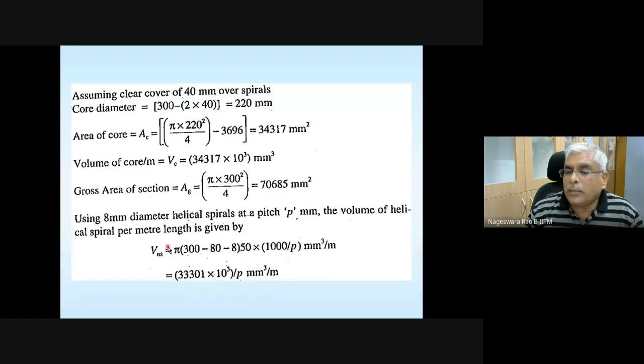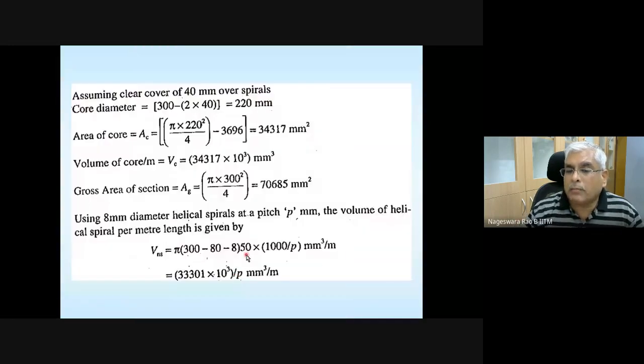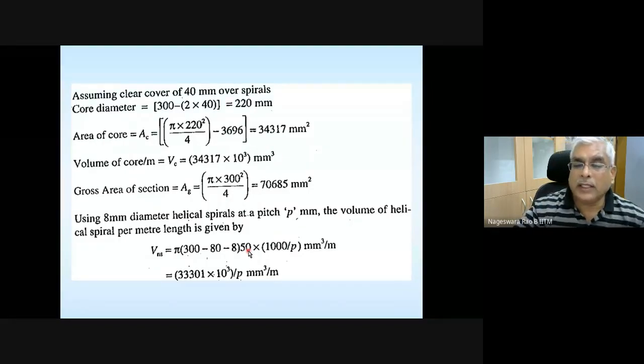So this is going to be your pi times D. Pi times D is going to give you the circumference of this helical reinforcement, multiplied by 50.